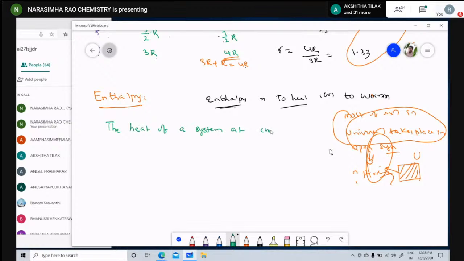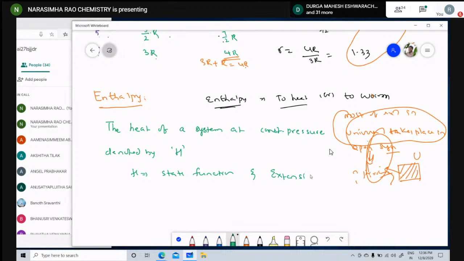At constant pressure, that is called enthalpy, denoted by H. Now, H is a state function and an extensive property.